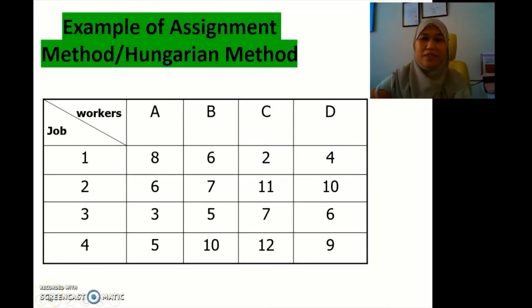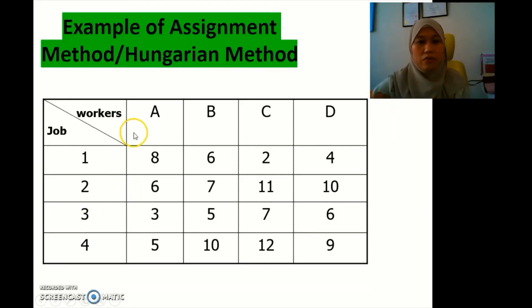Hi everyone, today I'm going to show you tutorial on the assignment method using the Hungarian method, in which we need to assign the workers and the job for the minimum cost.